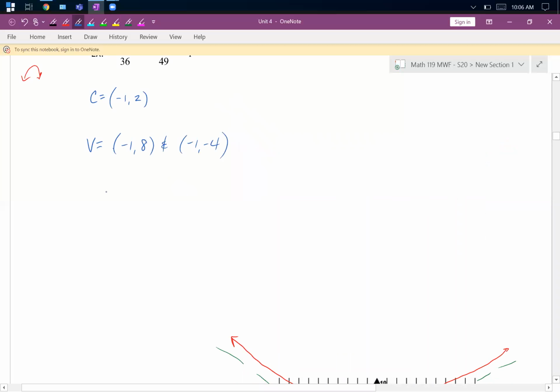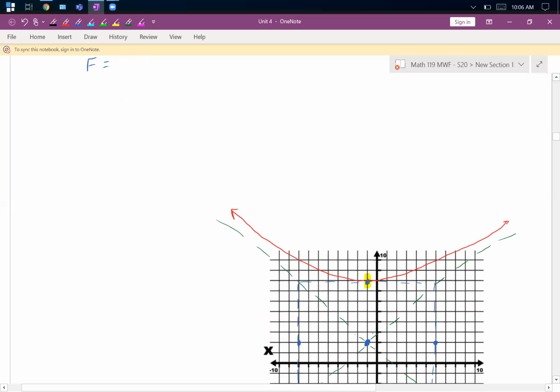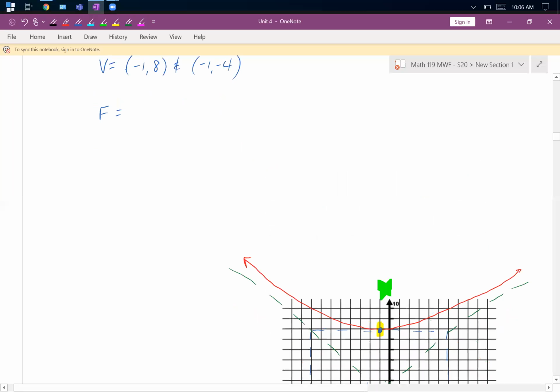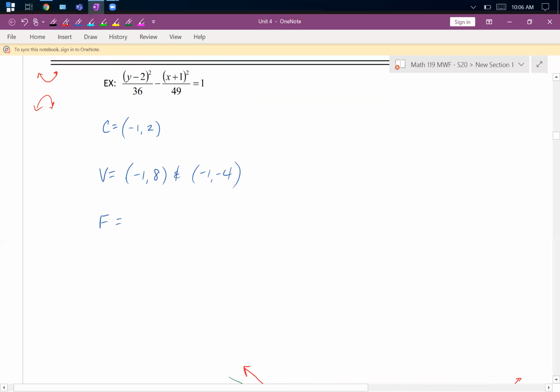Our foci are going to be c units away from our center inside our branches. So somewhere here and here. So let's find that c value, where c squared is equal to a squared plus b squared. We get c to be square root of 85.